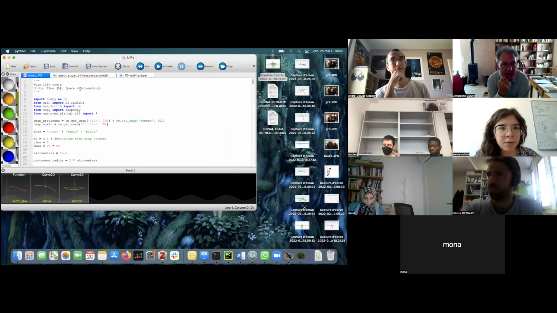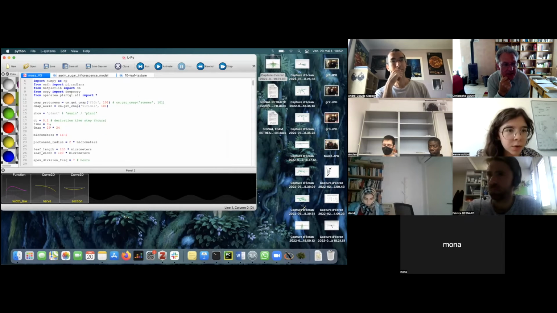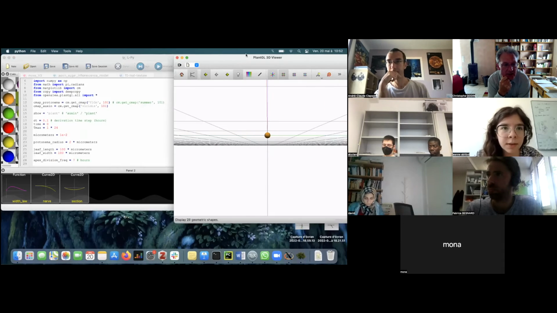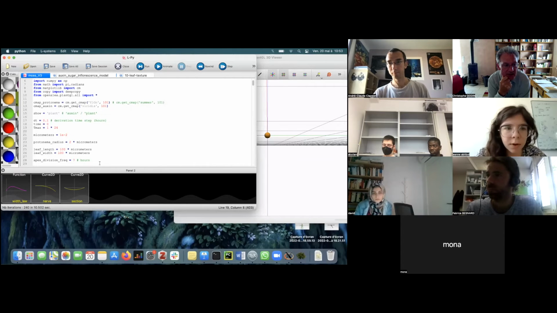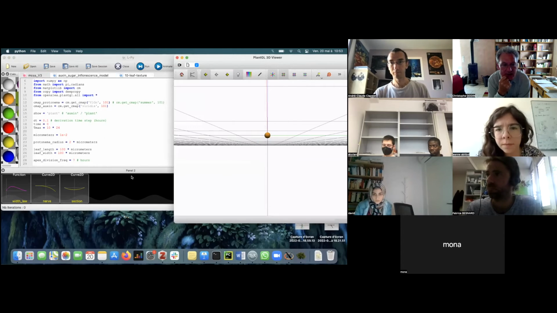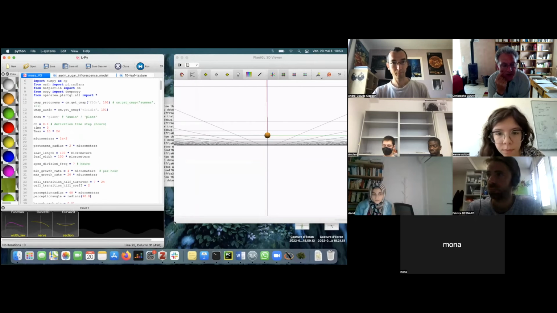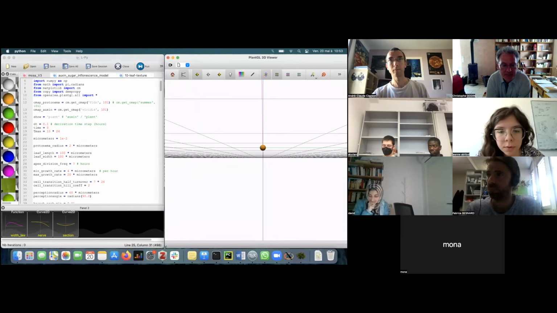I'm just going to make a little trick like this, because now it's initiated, and if I animate, it's not going to run the entire thing. Yes, in the preferences you can disable this behavior. Yeah, I will do this.